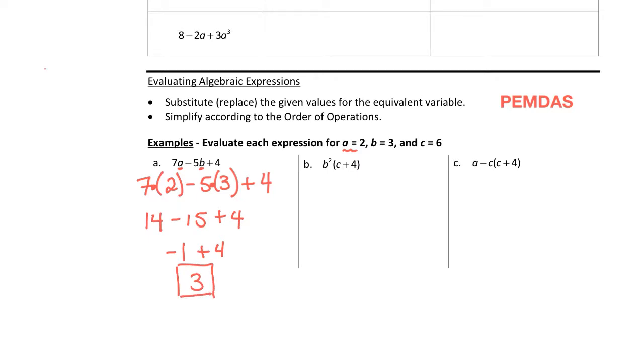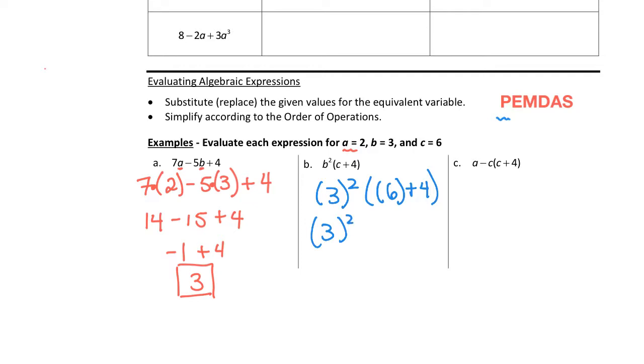Let's go a little bit faster. And now with example B, we see we've got our first exponent. I'm going to replace the B with a 3 and then square it. More parentheses, replace the C with 6 plus 4. So now remember our PEMDAS, do anything inside the parentheses first. Bring down that 3 squared.